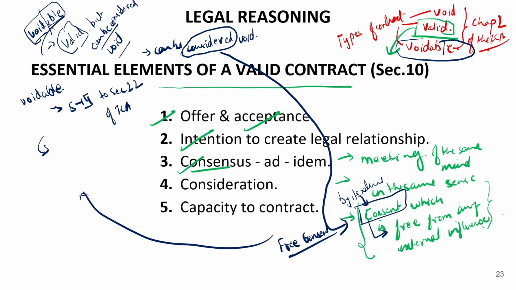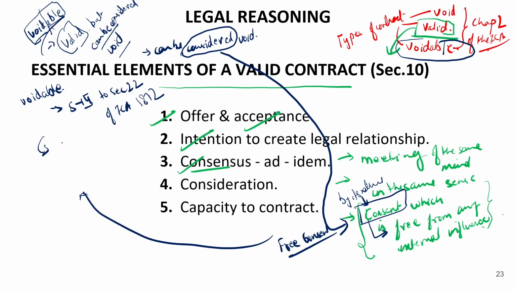you can be, if the candidate has made a contract and it is valid in nature, but still it can be considered voidable, or an agreement which can be converted to void if these parameters are present, which have been enumerated under Section 15 to Section 22 of the Indian Contract Act 1872.